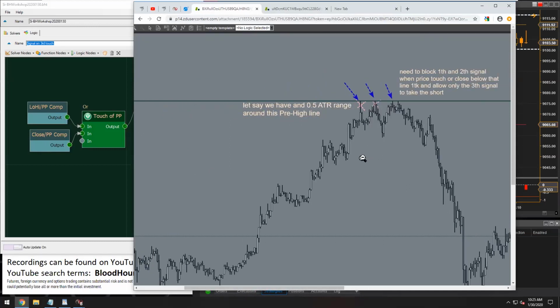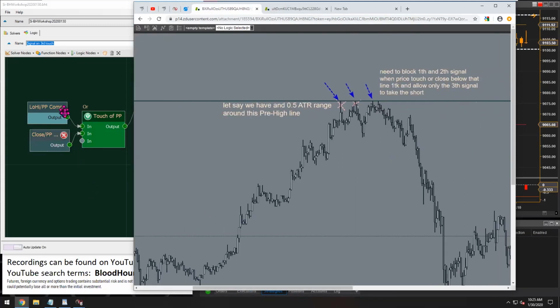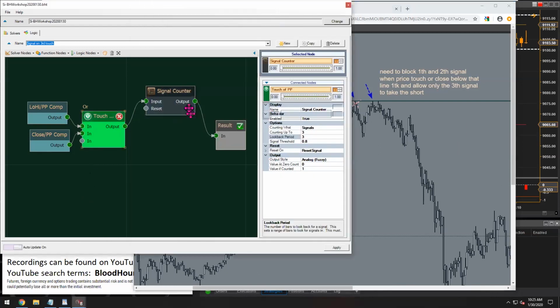You're only looking back so far, so you have to ask yourself, how far back am I going to allow myself to look? We have a look back period, and I'll say 30 bars is probably good enough. Maybe you need 50 bars; it all depends on the situation and the patterns you're looking for. I'll just leave this at 30 for now. That's probably good enough.